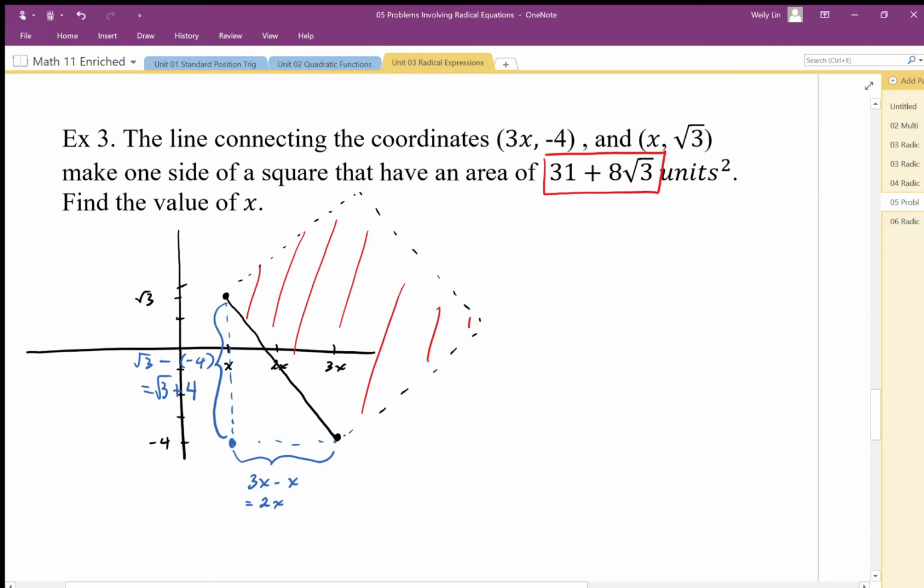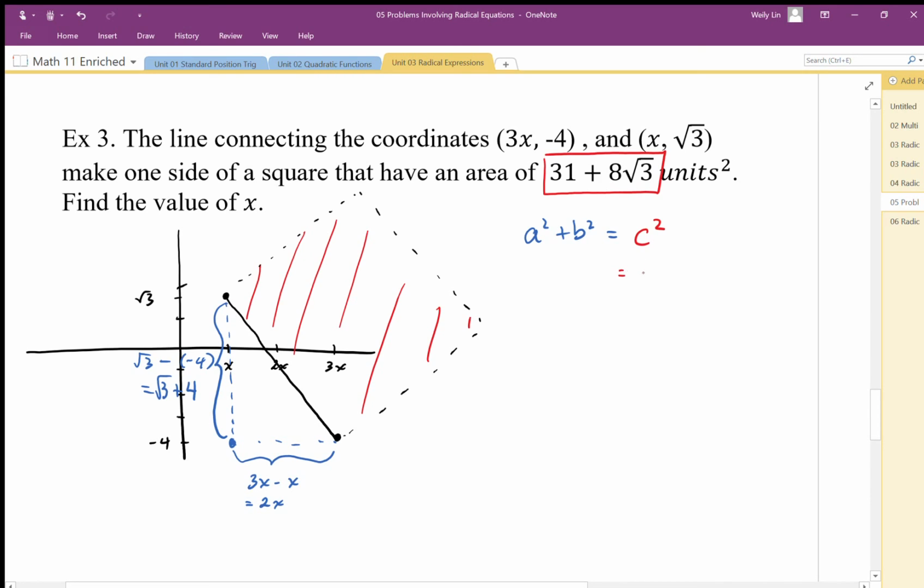And I know that a squared plus b squared should give me c squared. So I'm going to write this in: a squared plus b squared equals c squared. Okay, and that's actually the square, so I can just use that value for c squared.